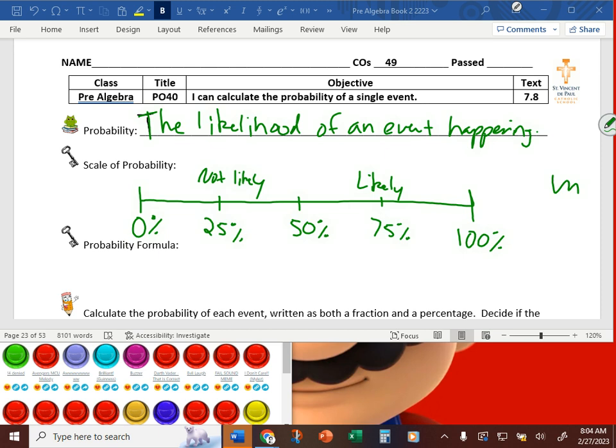So the probability formula, we're going to write it a couple different ways here. Essentially it's what you want to happen divided by what could happen. Okay? What you want to happen divided by what could happen.